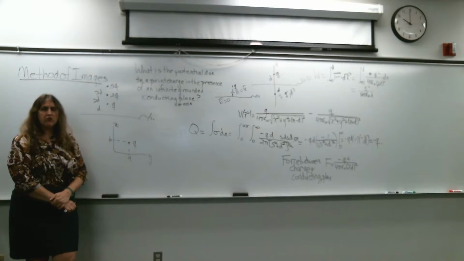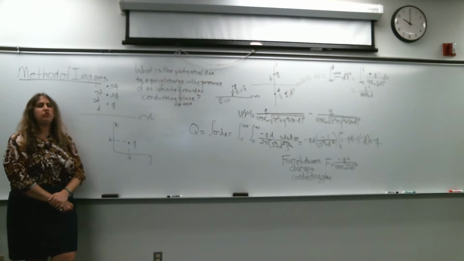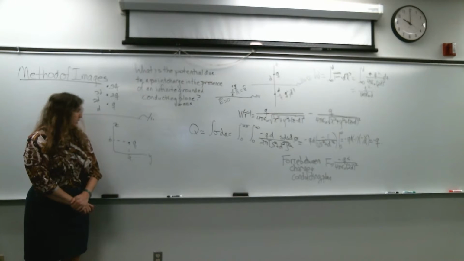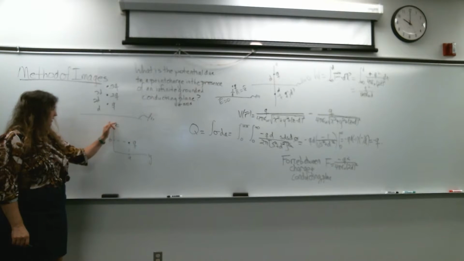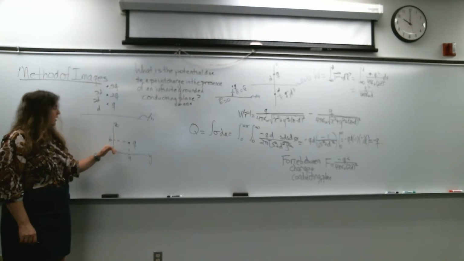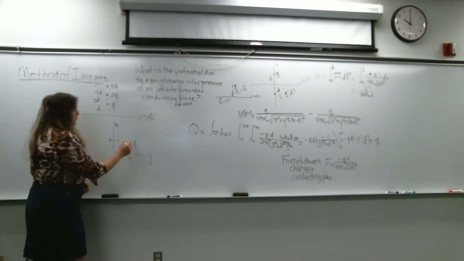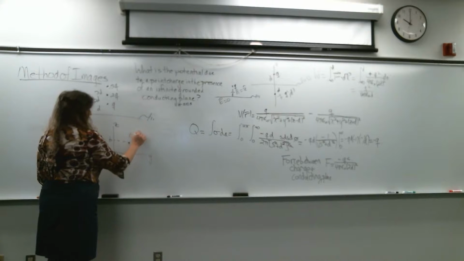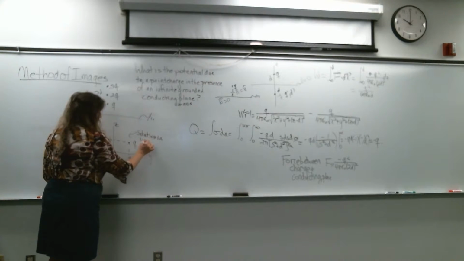What's your image charge going to look like? In fact, in this case, it's not going to be a single image charge that suffices. You're going to have to have a set of charges such that the potential here is set equal to 0 and the potential along here is equal to 0. And bear in mind, in this case, you're looking for the solution in the upper right quadrant.